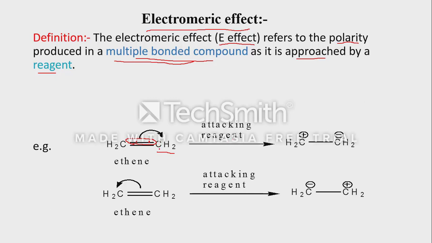Here, both of the pi electrons are shifted onto this carbon. This carbon gets a negative charge because it is electron rich, and this other carbon is electron deficient, because the pair of electrons of the pi bond are displaced onto these carbons.